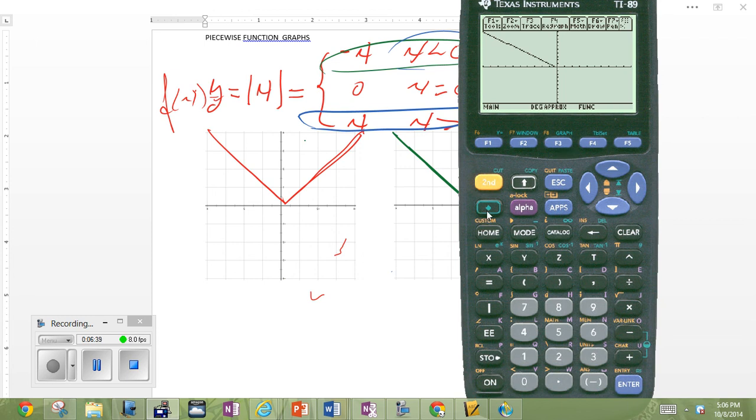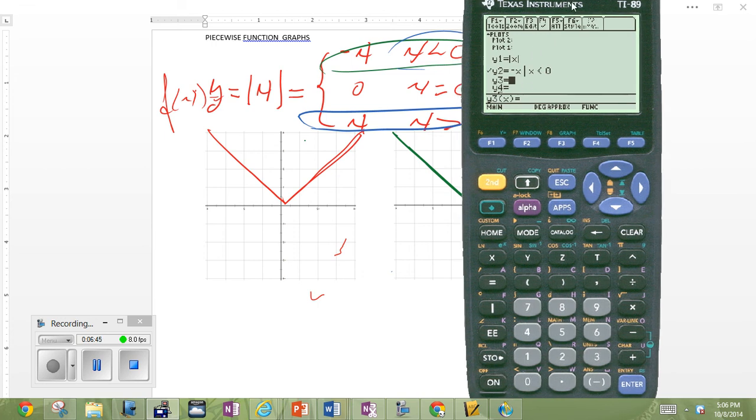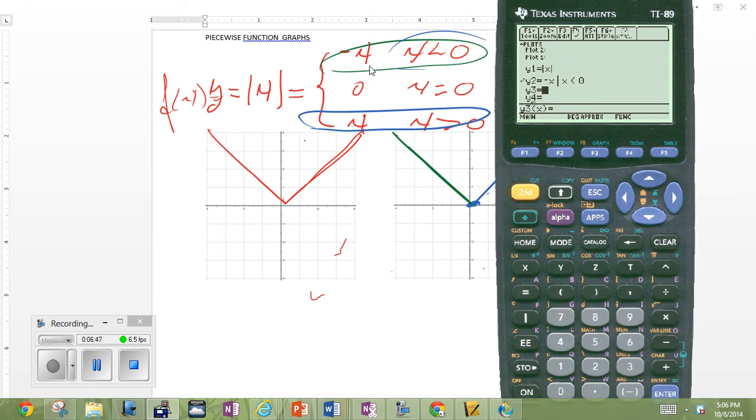Now we meet the other condition. Our calculator will not do piecewise functions, so we have to enter them as separate functions, but then we can put the conditions on so that we can see one unified graph.